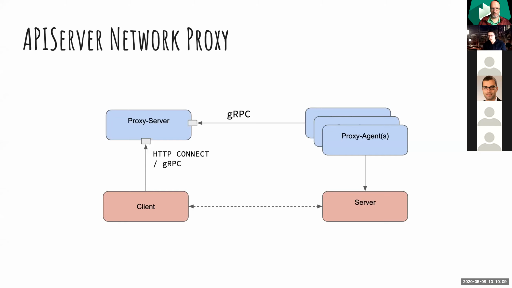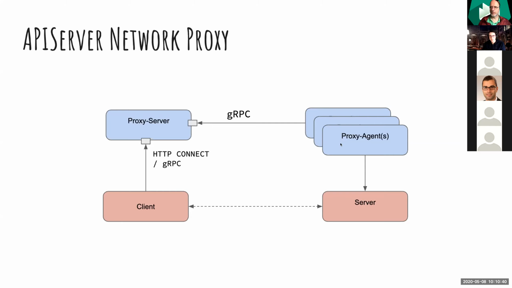And then when our clients in the seed want to talk to the proxy agent, they use HTTP Connect. With HTTP Connect, you basically say, hey, I want to connect to that target IP via this server. And whenever you do that, the proxy server will create a mapping of IPs and connections of what proxy agent it has, and it will start to round robin or forward traffic from the proxy server to the proxy agent.